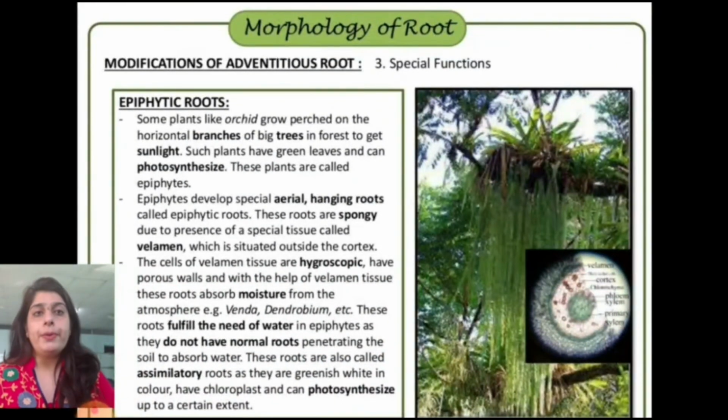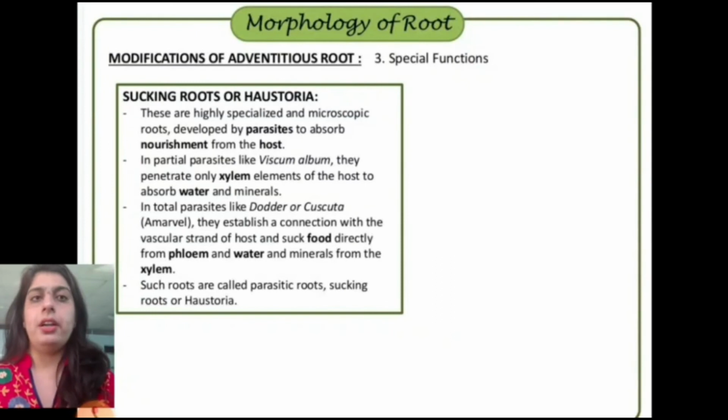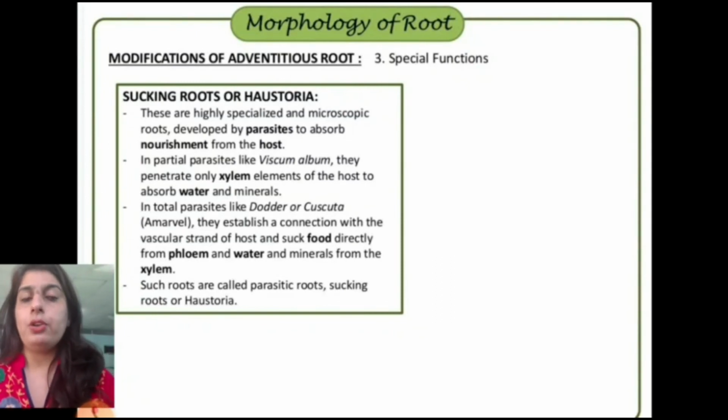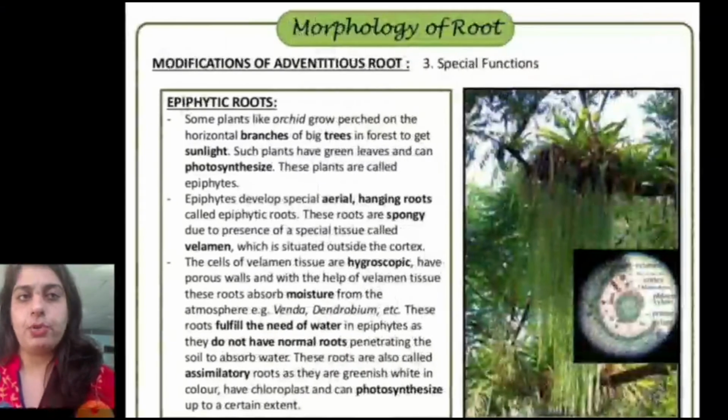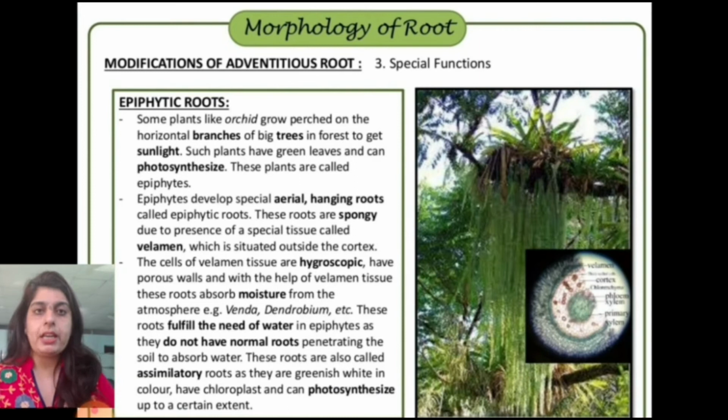Then adventitious root can be modified as per their special functions, in which it is divided into epiphytic roots and another is sucking roots. Sucking roots are also called parasitic roots. First we will go through the epiphytic roots. What actually are the epiphytic roots? Epiphytic roots belong to the plants which are called epiphytes.